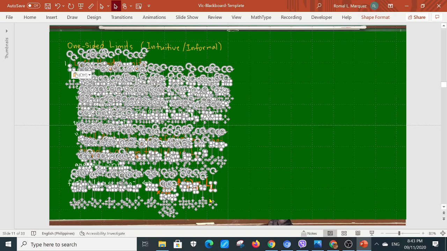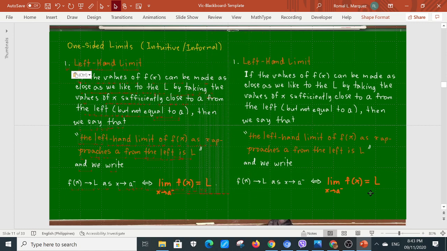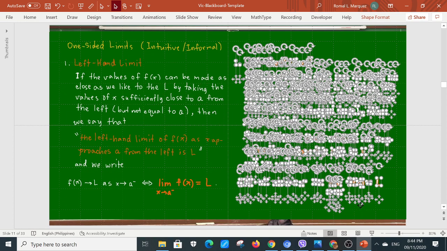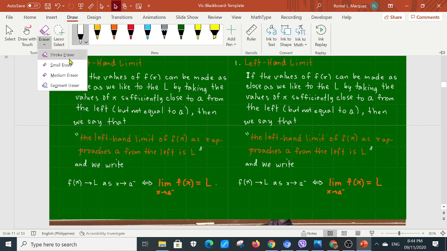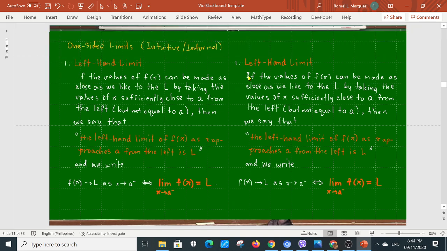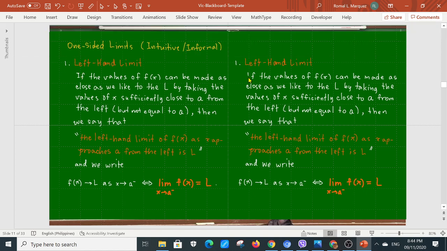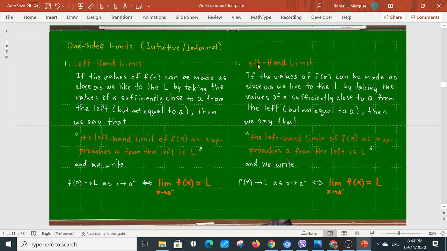And then I'm going to change the word left to right. All of the left, I'm going to change to right.